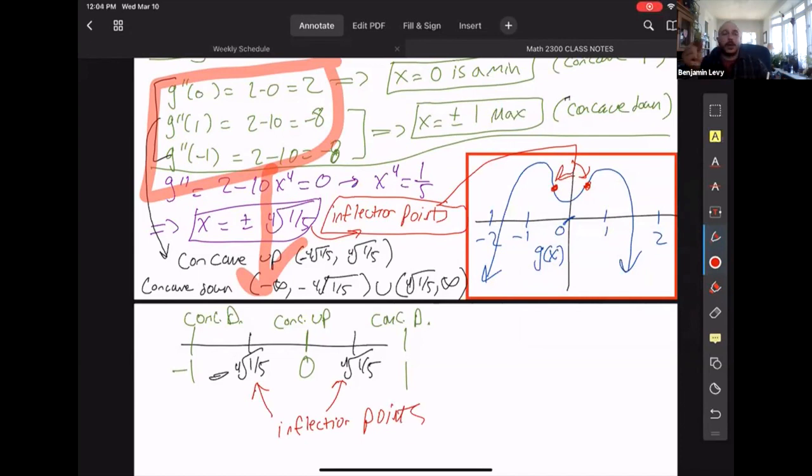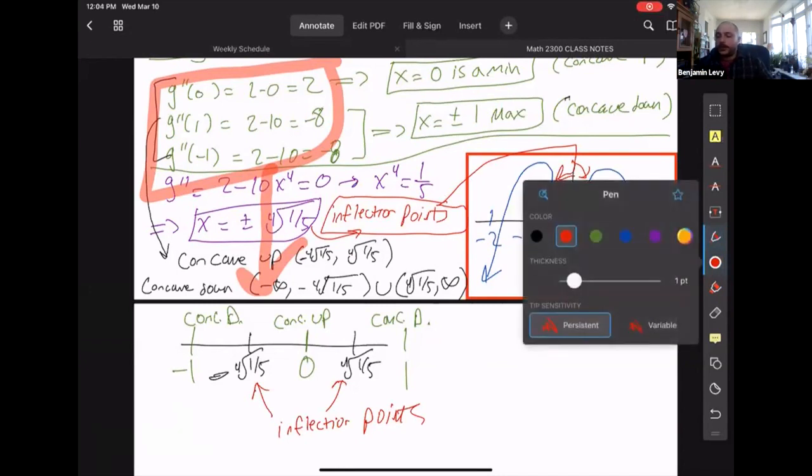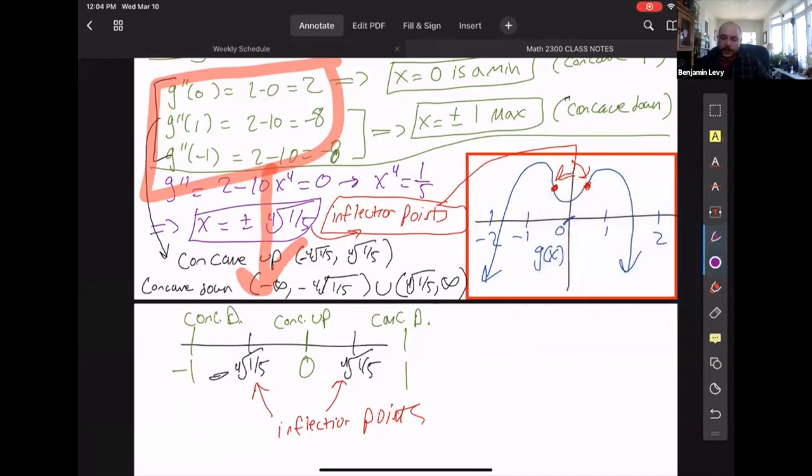We tested points around them, so we know what changed at those points, and it has to be the other things in between them. So it's sort of like doing the first derivative test, but on the second derivative. This is similar to the first derivative test, but with the second derivative.